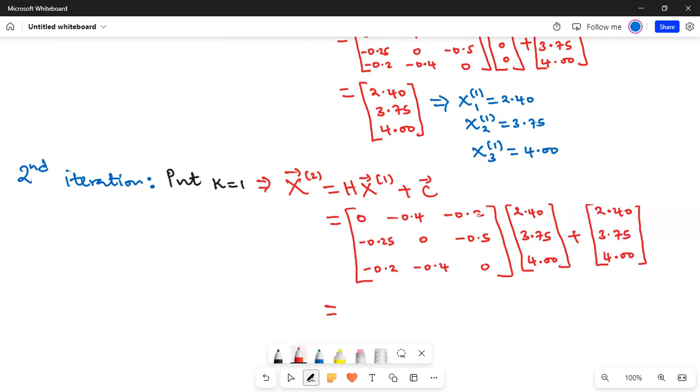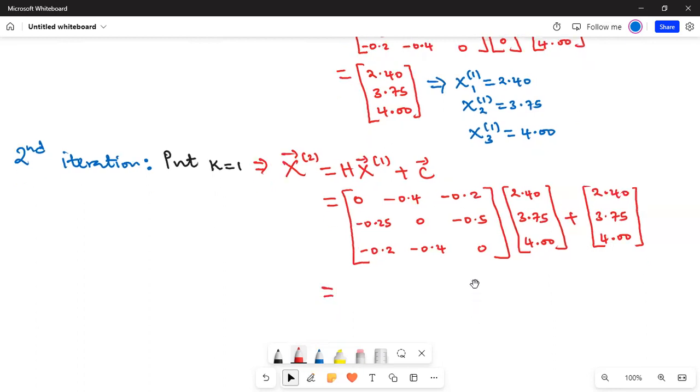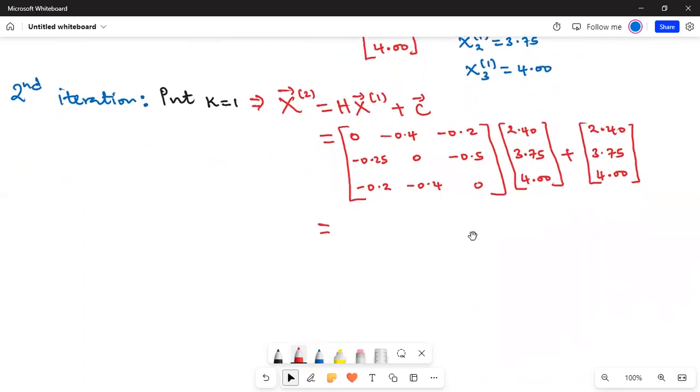When you work out, you need to get your answer as this column vector 0.10, 1.15, 2.02.